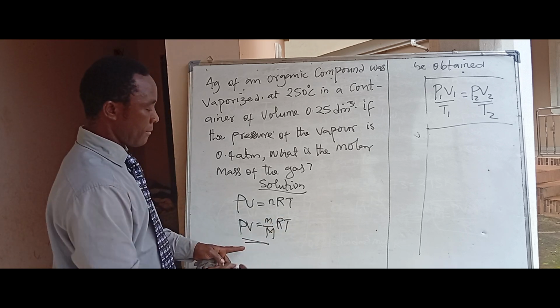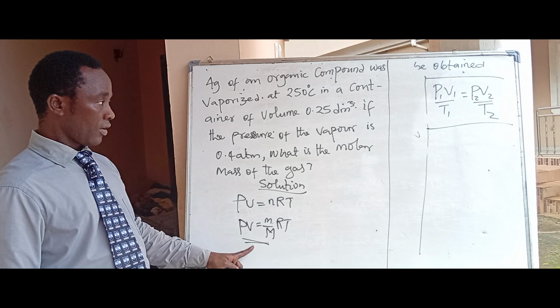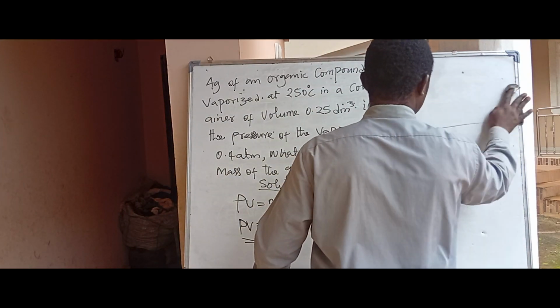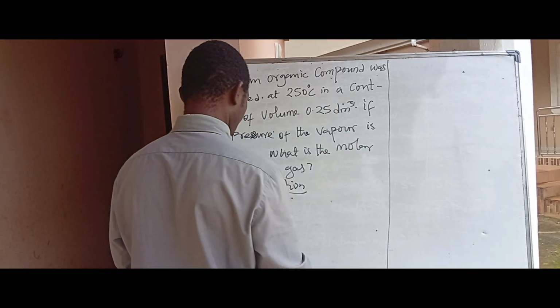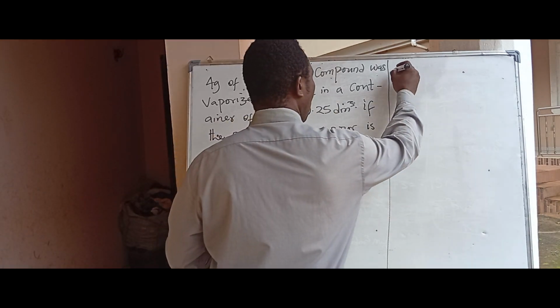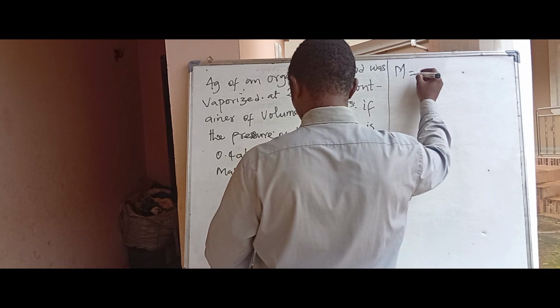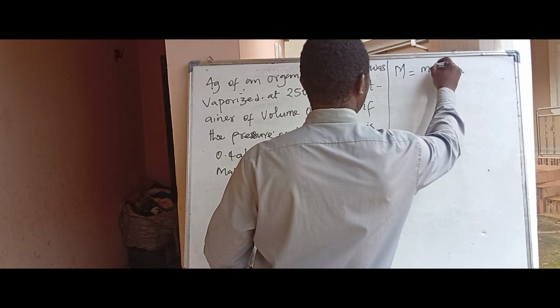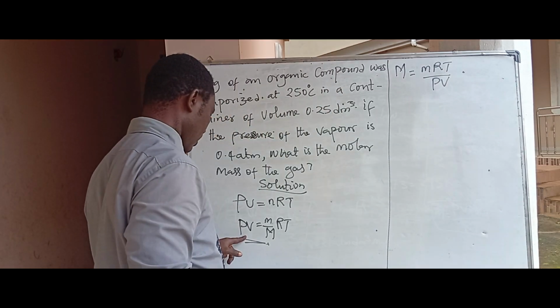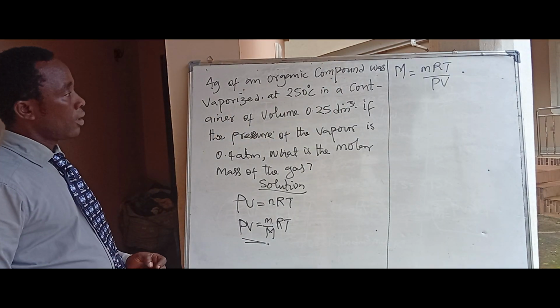From here, we can make molar mass the subject of the formula. That means molar mass will become equal to mass times RT divided by PV.